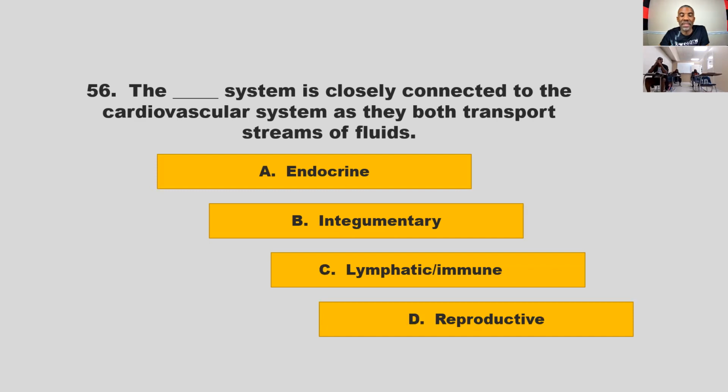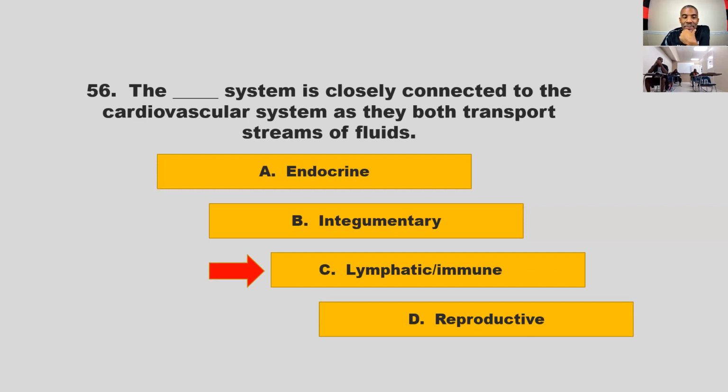You might be able to find this answer on page 165. Integumentary, that's the natural casing. We're looking for the system. I said C. Oh, you said C.